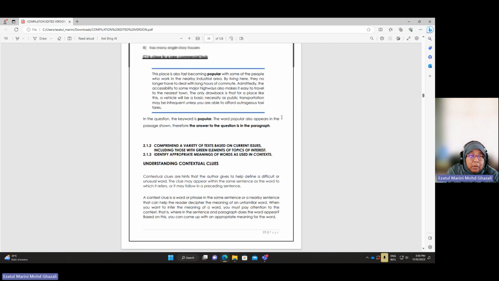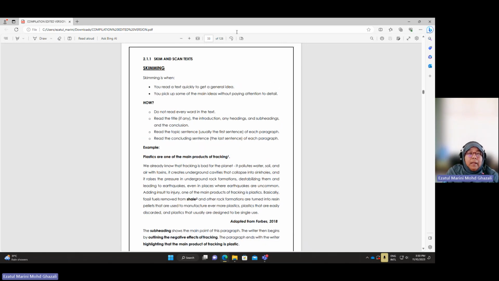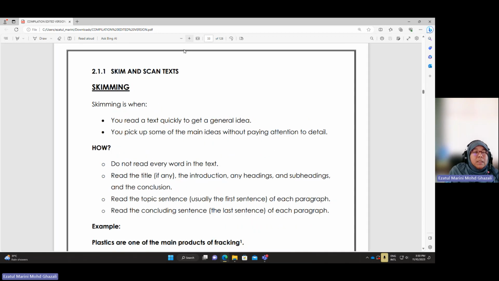Okay, here. Skim and scan text, skimming. Skimming is when you read a text quickly to get a general idea. This is page 33 of your module.